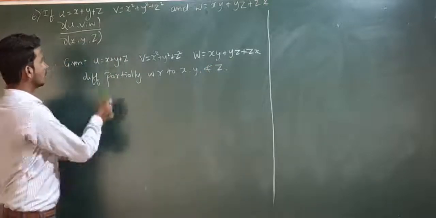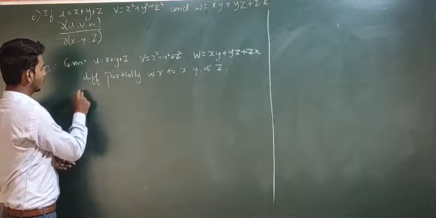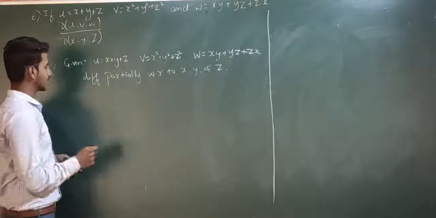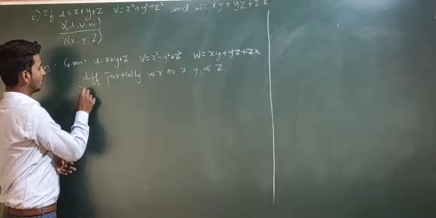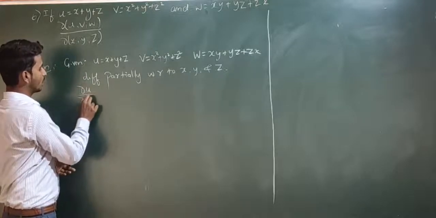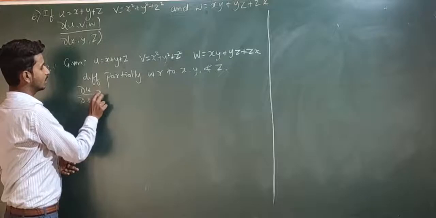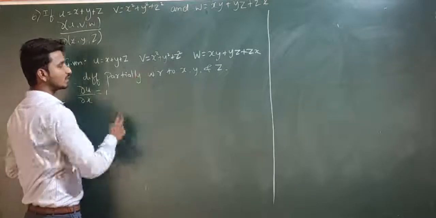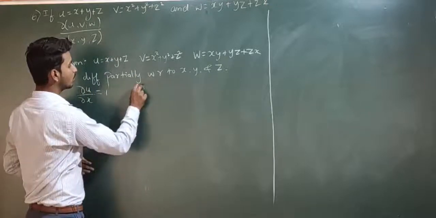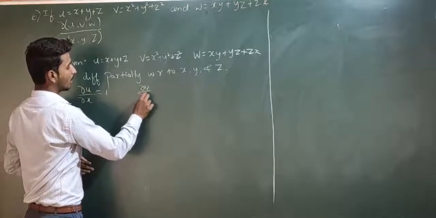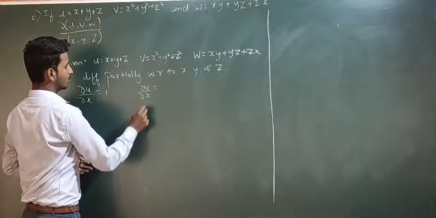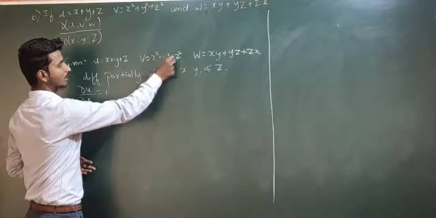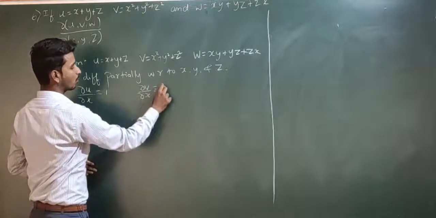That is, we will take the first function, that is u. If we differentiate this with respect to x, that is dou u by dou x, this will be 1. If we differentiate the second function with respect to x, dou v by dou x, this is 2x and the constant term is 0.